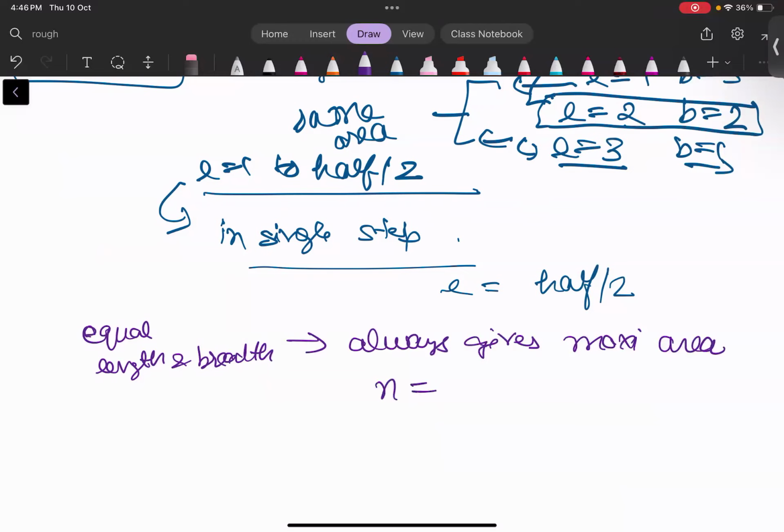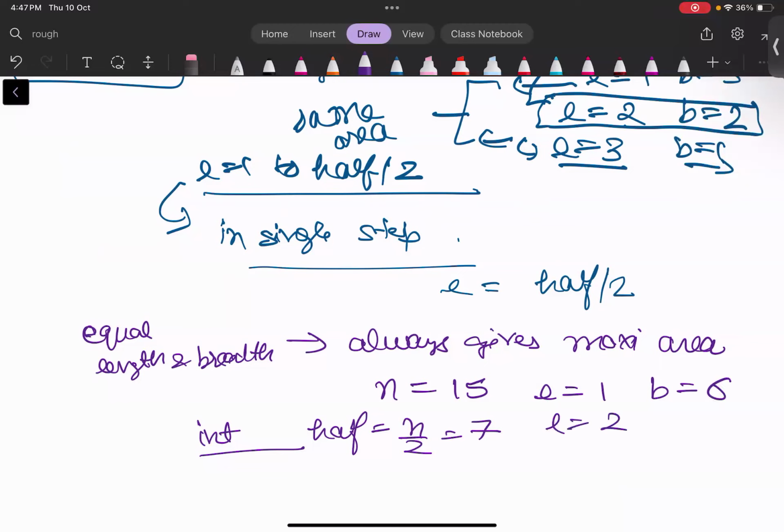Like for example, n is equal to 15. When we take L equal to 1, breadth is half, that is n by 2, which is 7, because we take half as an int data type. Now 7 minus 1 is 6. L equal to 2, then 7 minus 2 is 5. In the same steps, after half, L equal to half by 2, that is 7 by 2, 3.